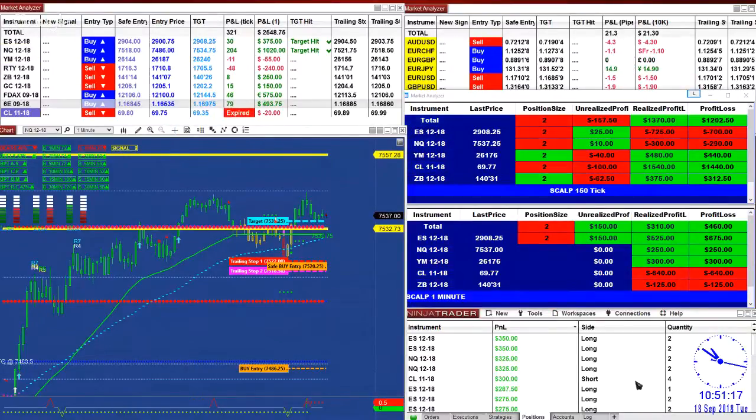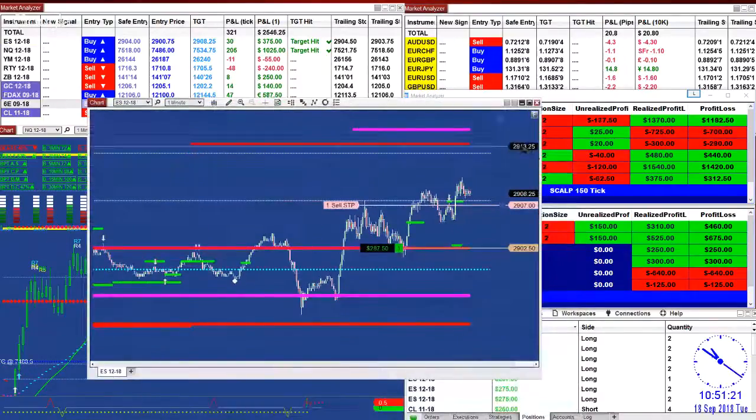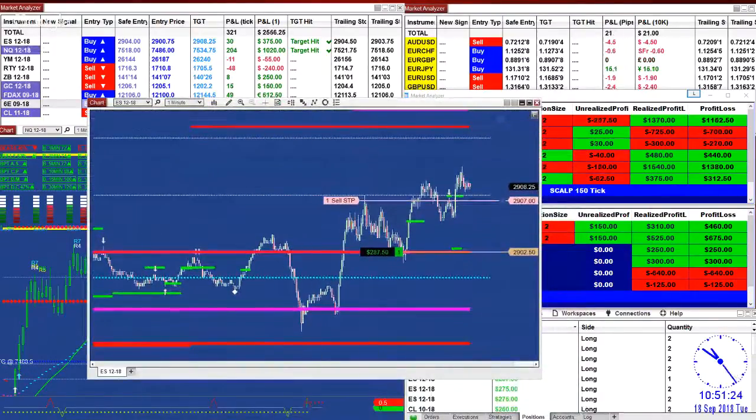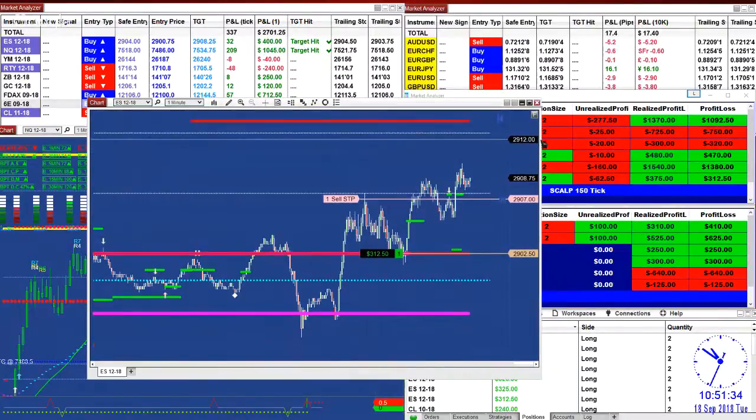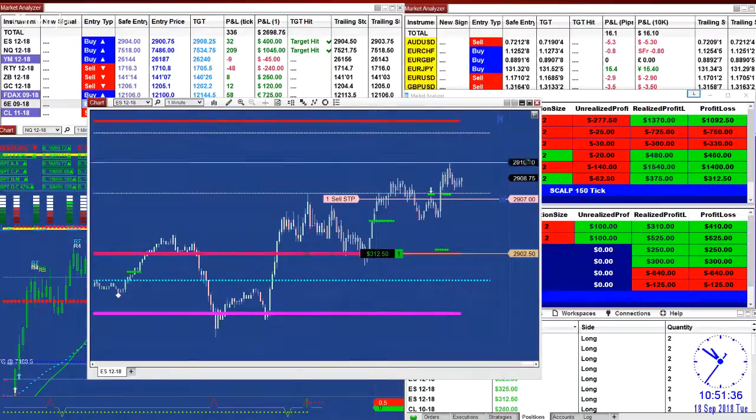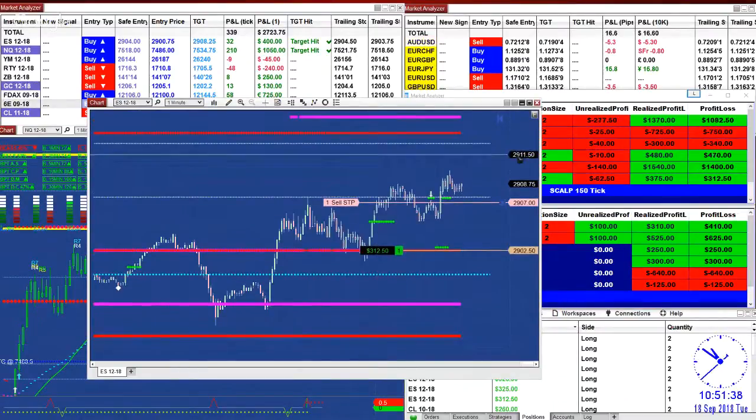I want to make sure, just for the ones taking these trades, follow me on the right path on this one here. You see how I moved my trailing stop from one to another and kept hiding. If I'm right on that trade, I need to get paid.